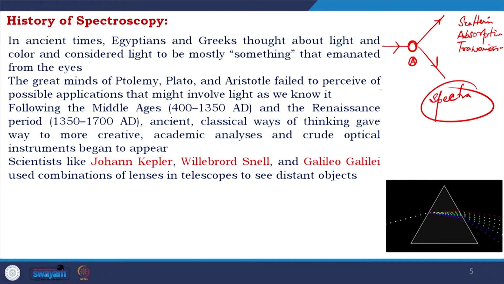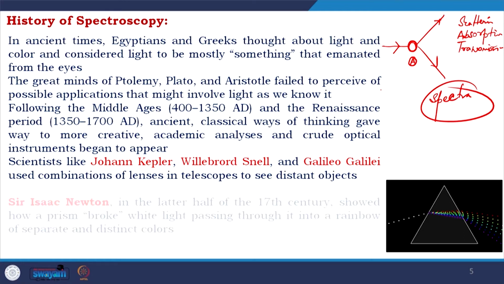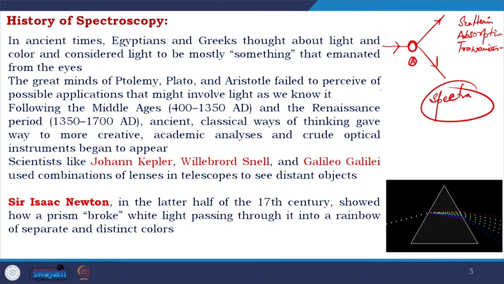Scientists like Johannes Kepler, Willebrord Snell and Galileo Galilei used combinations of lenses in telescopes to see distant objects. Sir Isaac Newton, in the latter half of the 17th century, showed how a prism broke white light passing through it into a rainbow of separate and distinct colors.